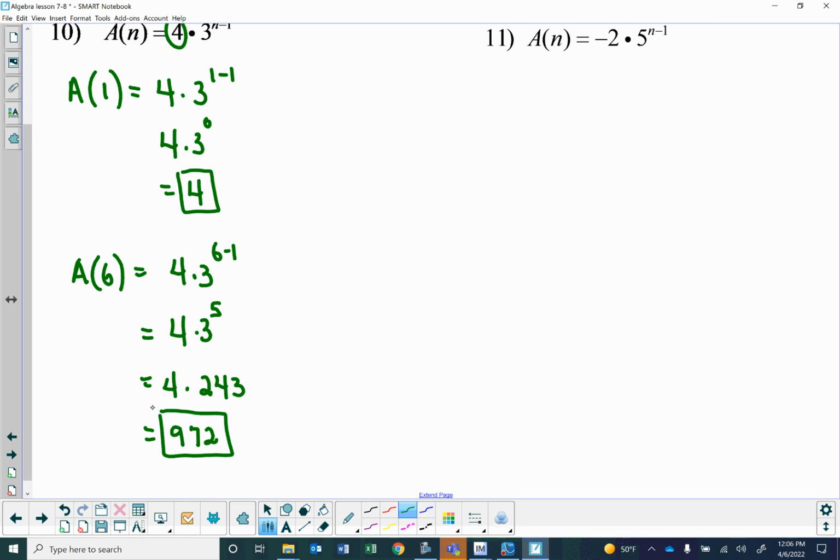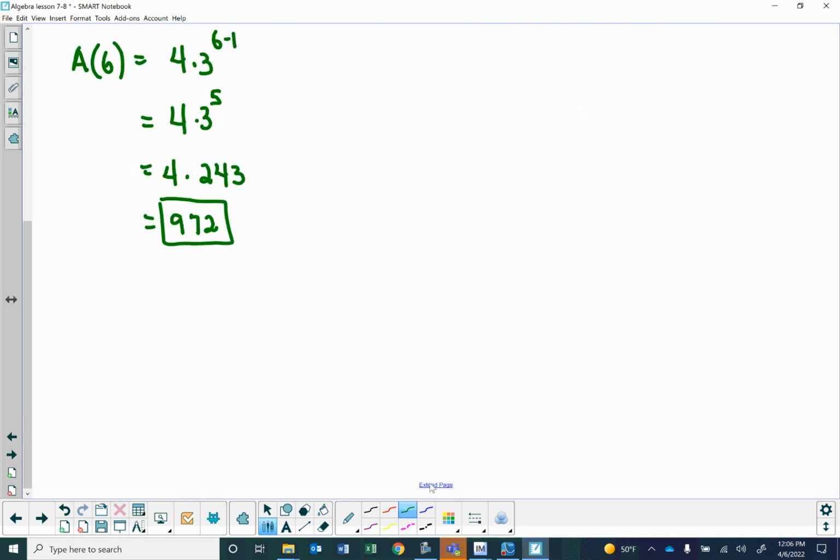And last but not least, I need to find the 12th term of my sequence. So the 12th term of my sequence is going to be 4 times 3 to the 12 minus 1. So that's going to be 4 times 3 to the 11th power. That's going to be a pretty big number. 3 to the 11th power, use my handy dandy calculator, is 177,147.